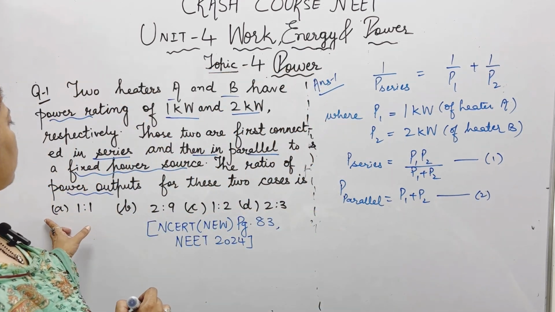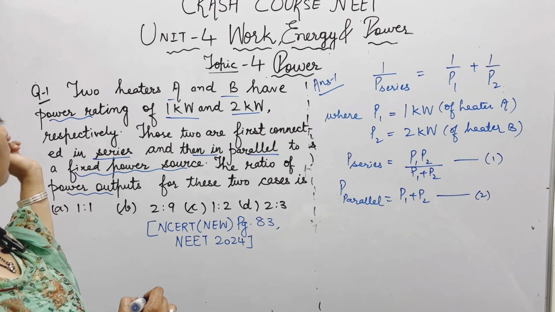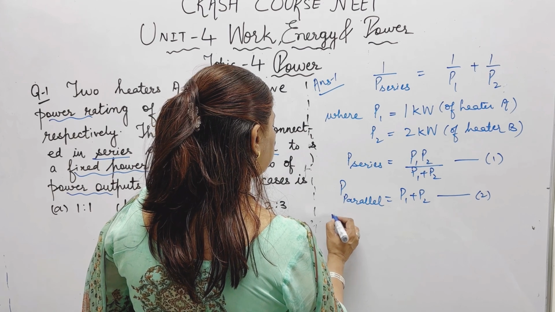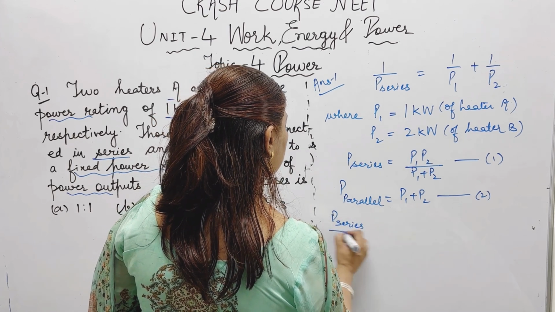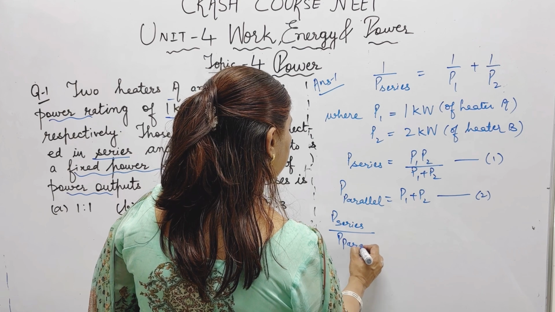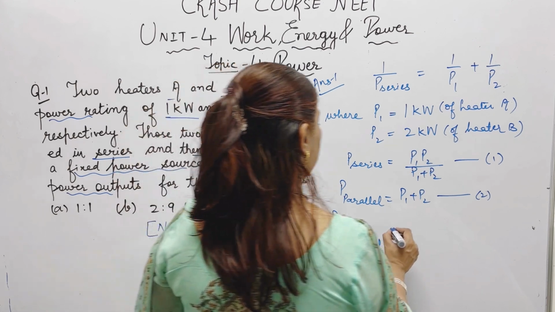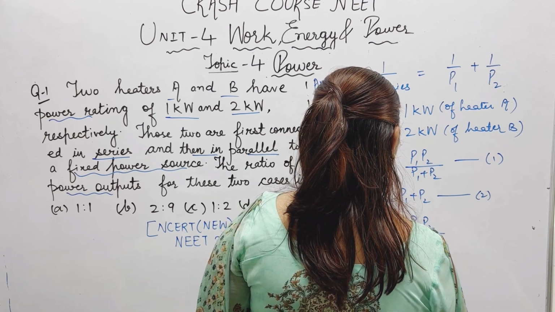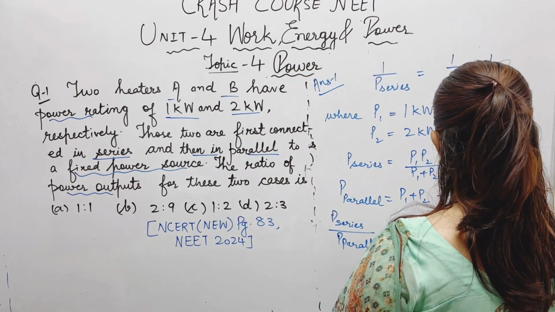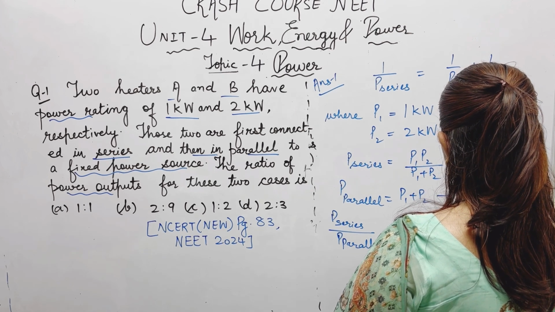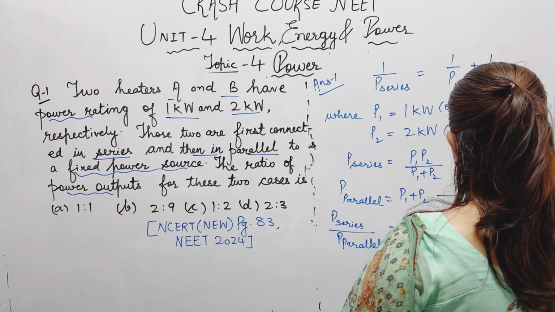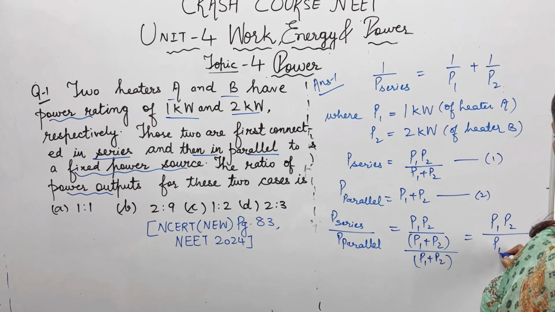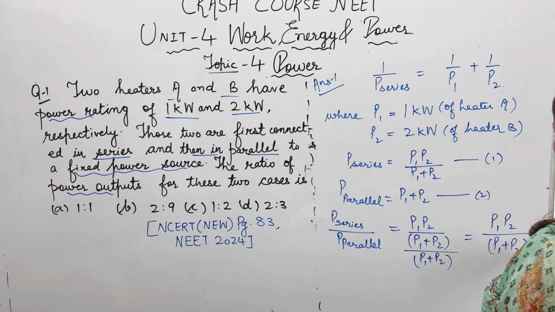We have to take the ratio of the power outputs for these two cases, series to parallel. So P series is to P parallel is given by P1 P2 over P1 plus P2, over P1 plus P2. So this is given by P1 P2 over (P1 plus P2) whole square.